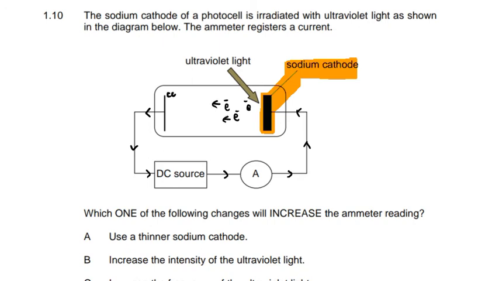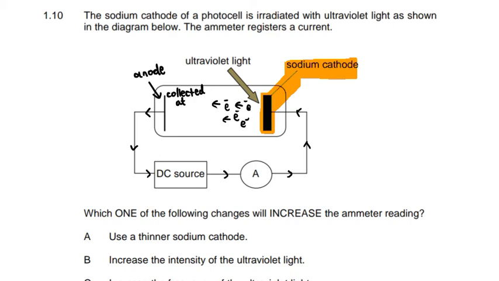They get collected here at the anode. Then they go into the wire and they move through the battery and so on.